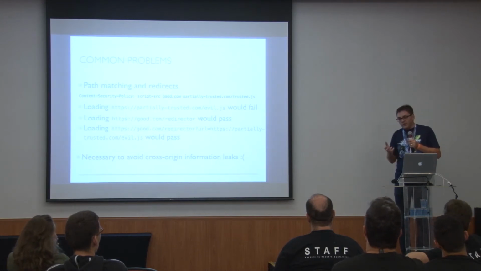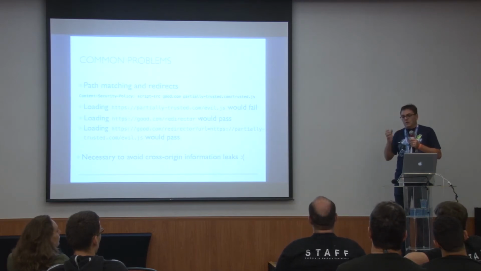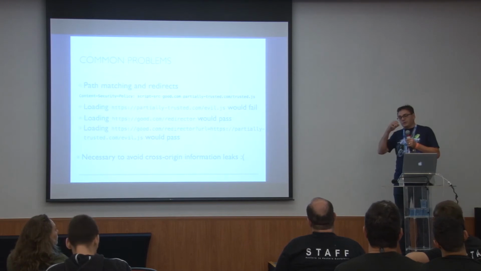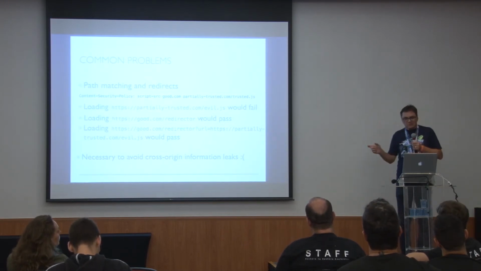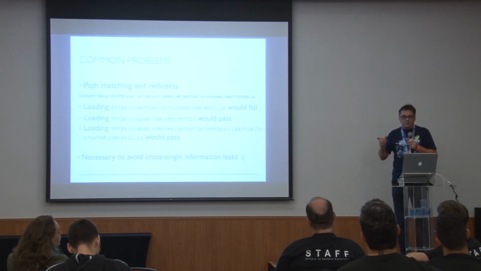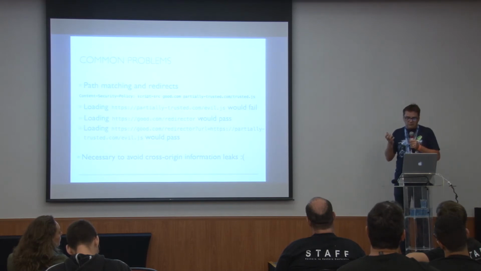Now, if you are authenticated into google.com, your avatar will be served to your browser. If you are not authenticated, you will be redirected to some other URL. And you can craft your content security policy in such a way, and serve that page to your victim, that by looking at content security policy reports, you can tell if somebody is authenticated to google.com or not.